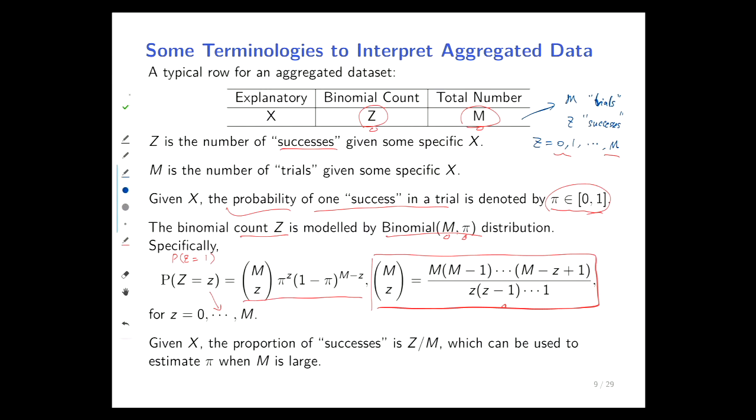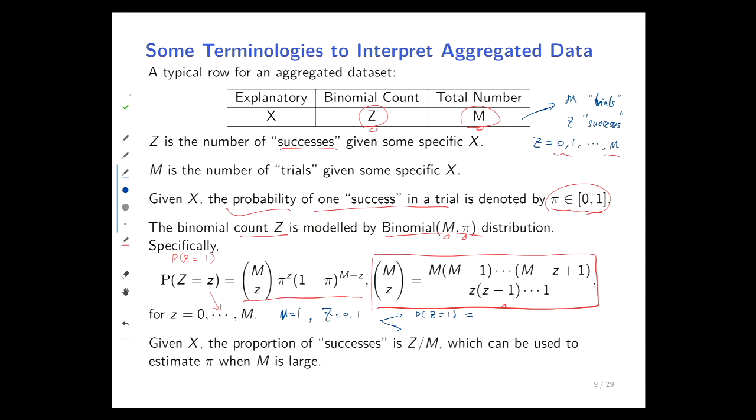Let's consider a special case to help you understand this distribution. Let's consider m equals 1. That means we only have one trial in total. In this case, z can be equal to 0 or 1, right? Because it can only take values from 0 to m. By using this formula, let's compute the probability that z equals 1.